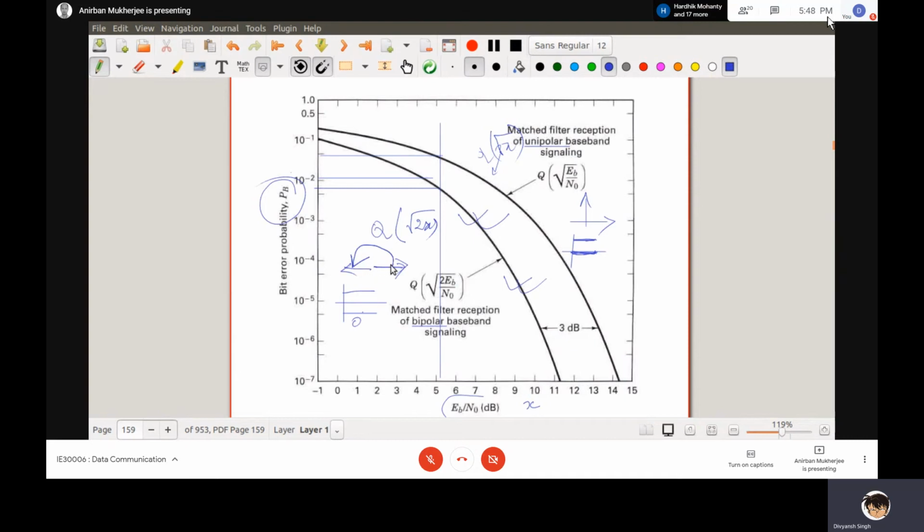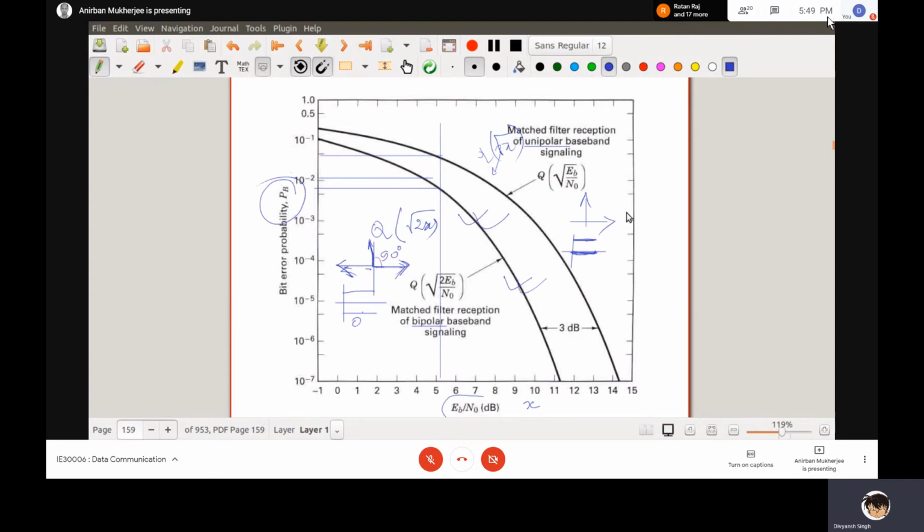Say I have it like this. Now I have noise, and this vector has moved to somewhere here. Then this is near to this, so you can say no, it is not logical 1, it is logical 0. So the vector has to move 90 degrees.